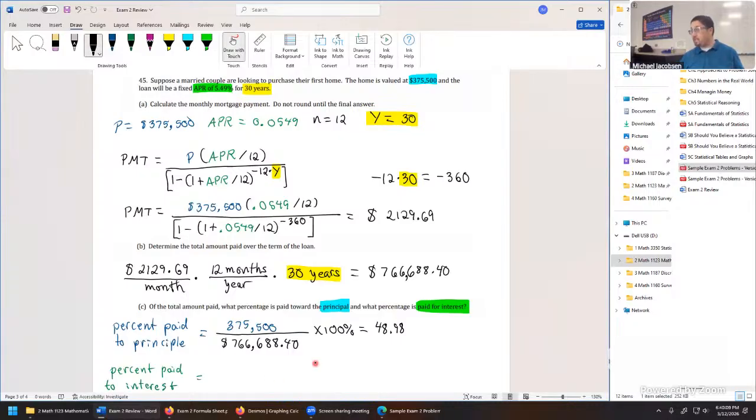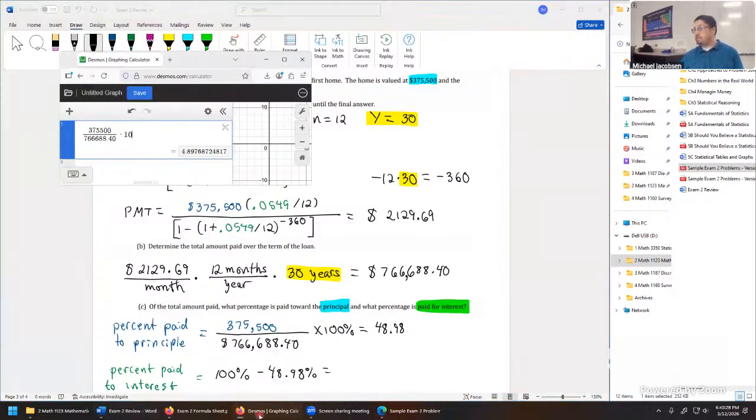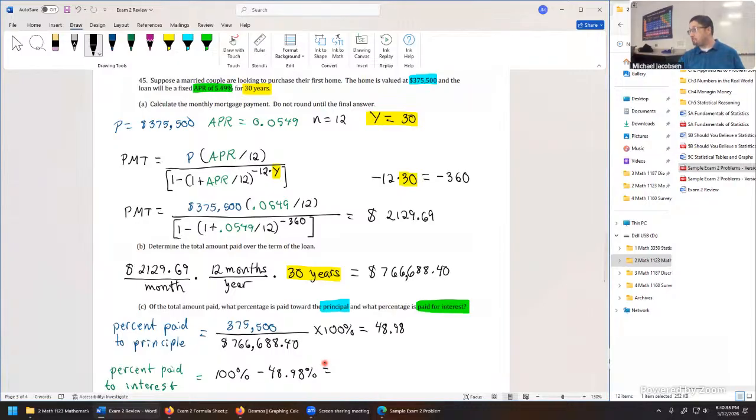So it's a little bit easier to instead go 100%, I think this is how we did it every single time in the notes, minus the portion we just computed, 48.98%. So 100 minus 48.98 gives us 51.02%. So a little more than half just vanished to interest.